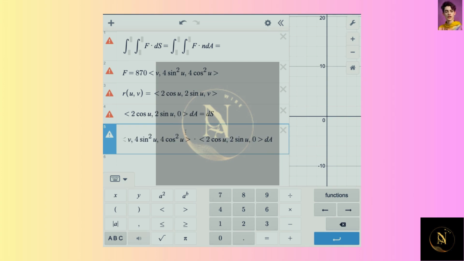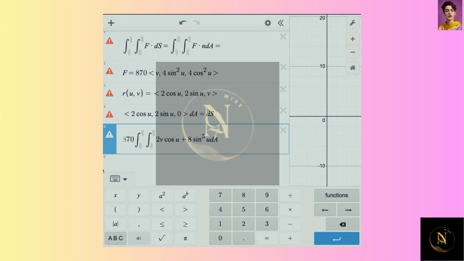Then we'll pull out the 870, keeping in mind this is actually a double integral, and take the dot product, which gives us 2 v cosine u plus 8 sine cubed u dA.